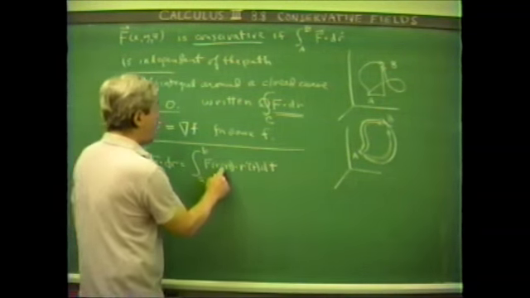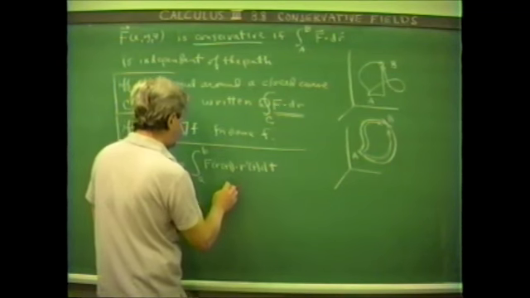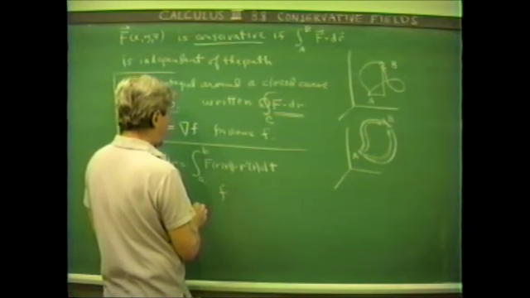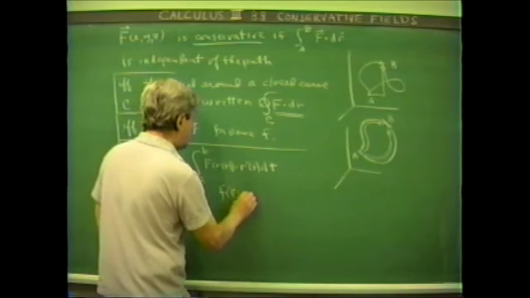But what is F of r of t dotted with r prime? Well, it's the derivative of little f of r of t.